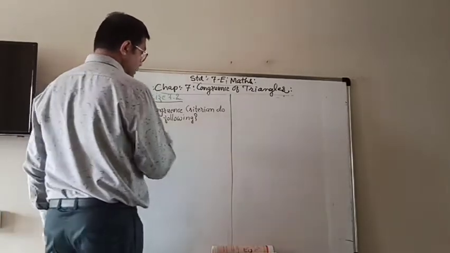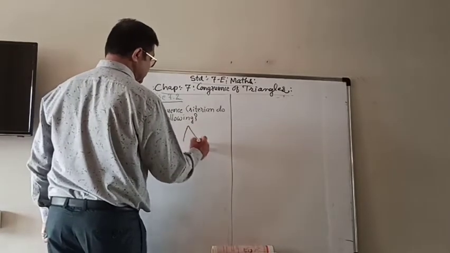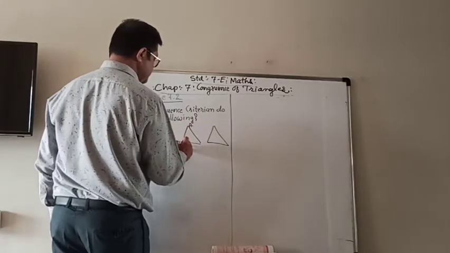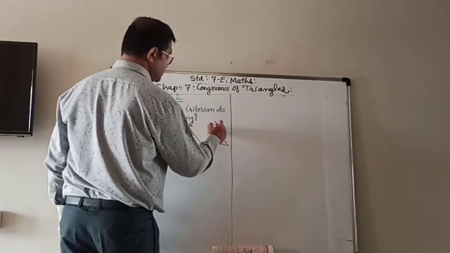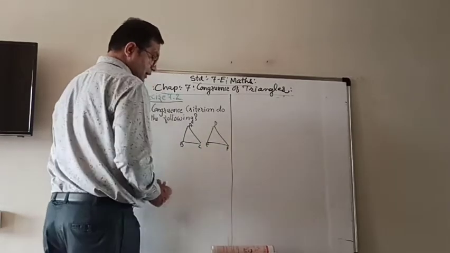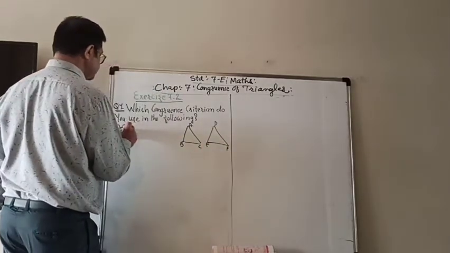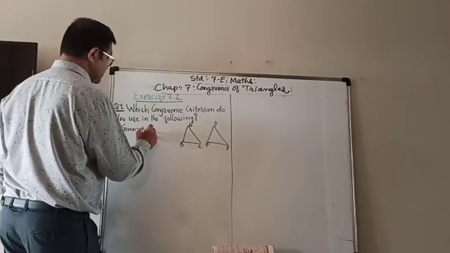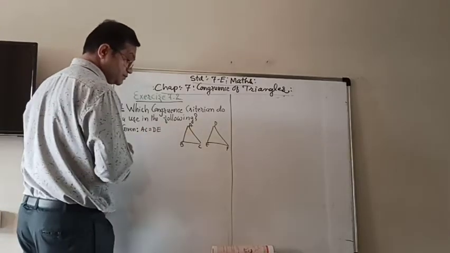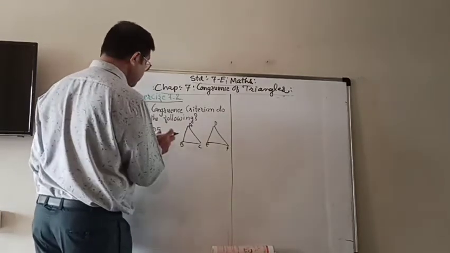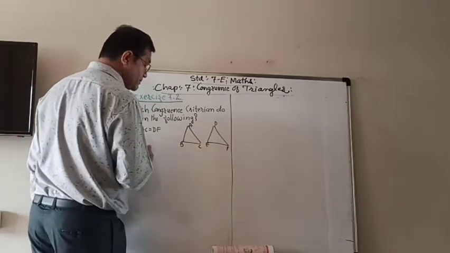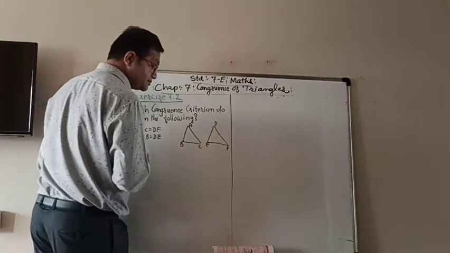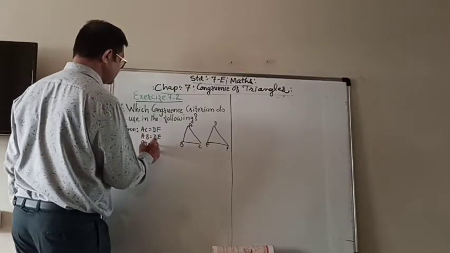In A, the two triangles are like that, they draw A, B, C, D, E, F. Now, given that AC is equal to DF, AB equals DE, and BC is equal to EF.